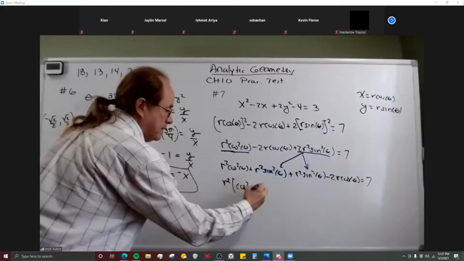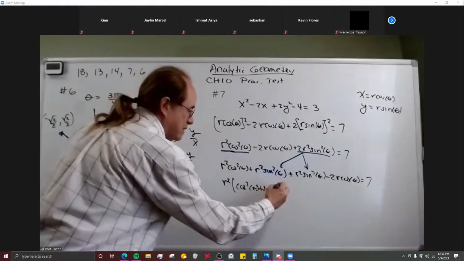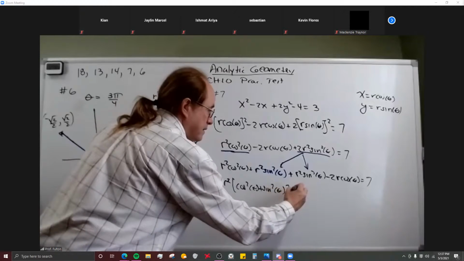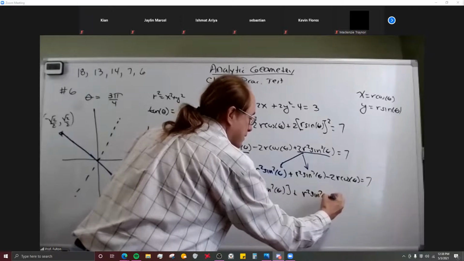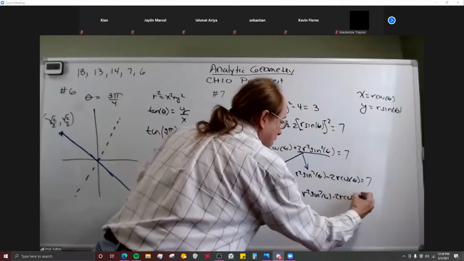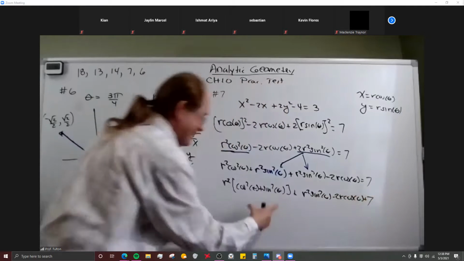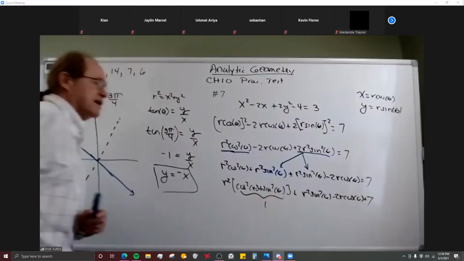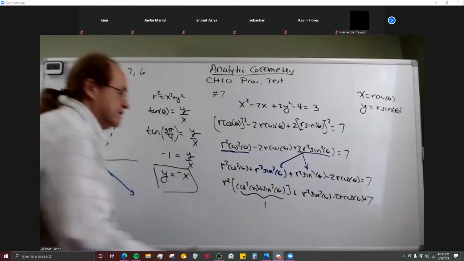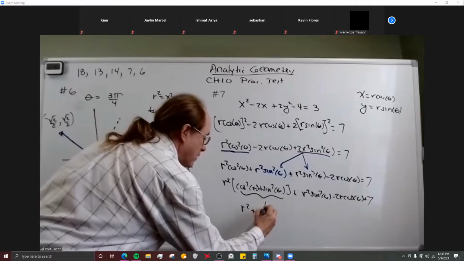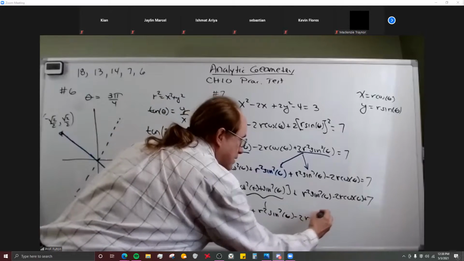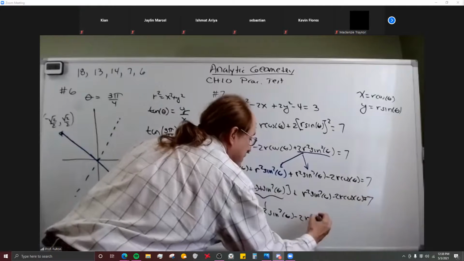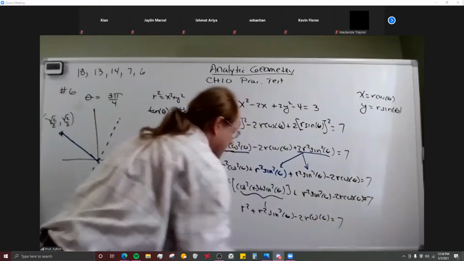So sine squared theta plus sine squared theta plus the other r squared sine squared theta minus 2r cosine theta plus 7. This is just 1. It's my Pythagorean identity. R squared plus r squared sine squared theta minus 2r cosine theta is equal to 7.